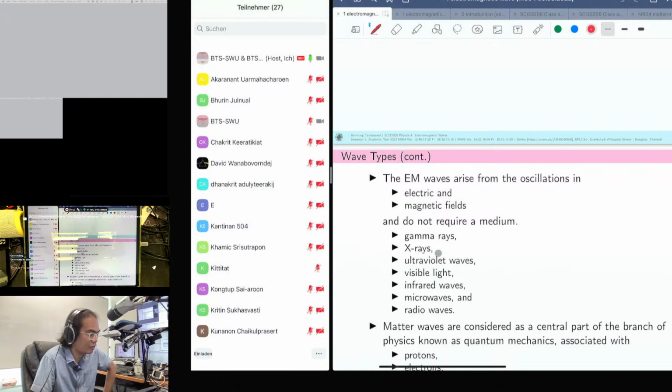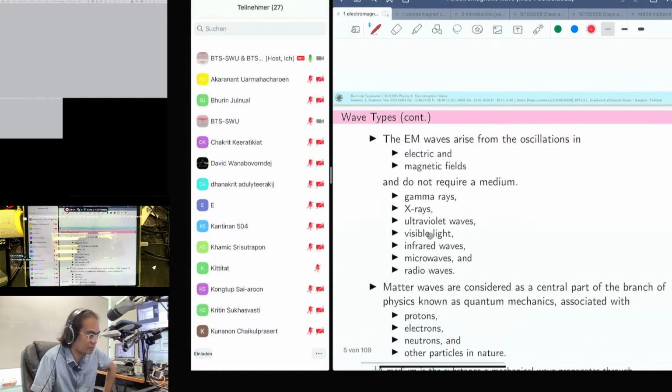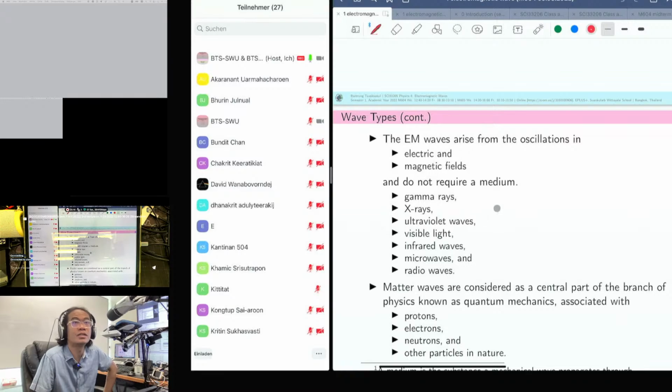Examples of EM wave are gamma rays, X-ray, ultraviolet wave, visible light, infrared wave, microwave, or radio wave. You will see their applications at the end of this chapter, but at least you know different kinds of electromagnetic wave.